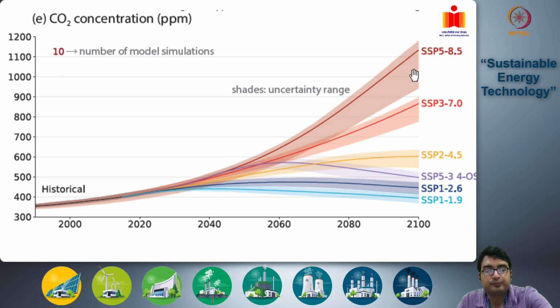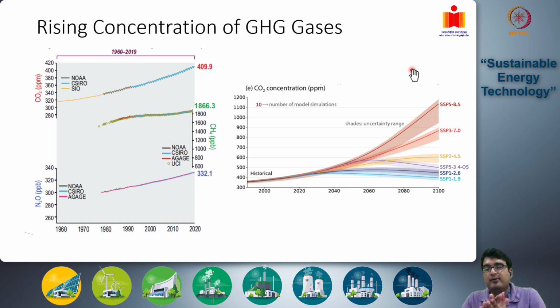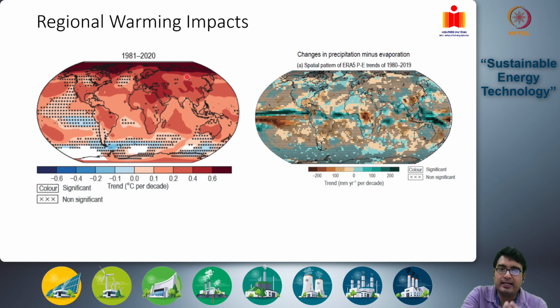Okay. So we will see for these various cases what is the expected global temperature rise in the next few slides. Remember, today's CO2 concentration of 410 ppm has led to around 1.3 degrees temperature rise. Okay. So we will see how that has an impact.